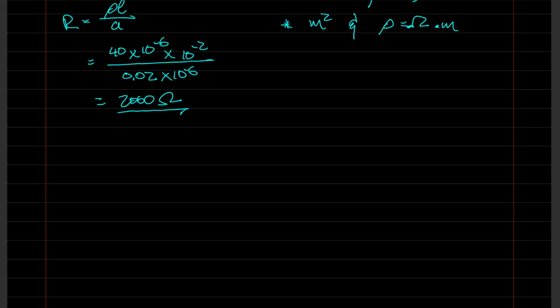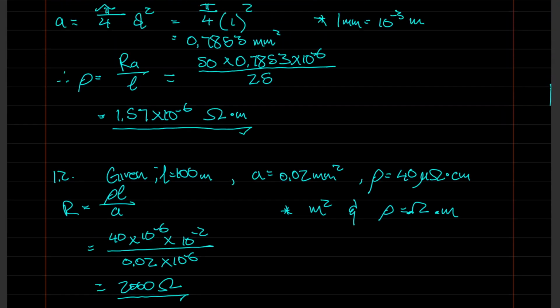Okay. Now the wire is drawn out such that, let's call it the new wire, L dash will be equal to 4 times the original length of this wire. Okay. But now, how to continue?